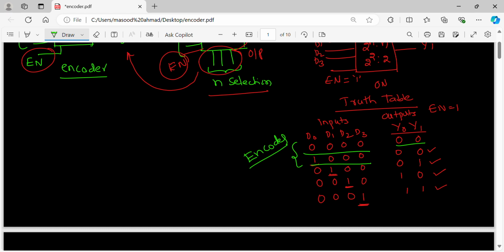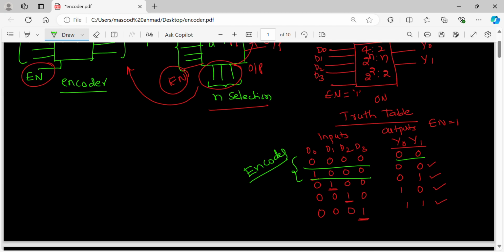Now with this, I can write a couple of expressions for the output. If you look at y0, what is the y0 expression? I will write the y0 expression here.